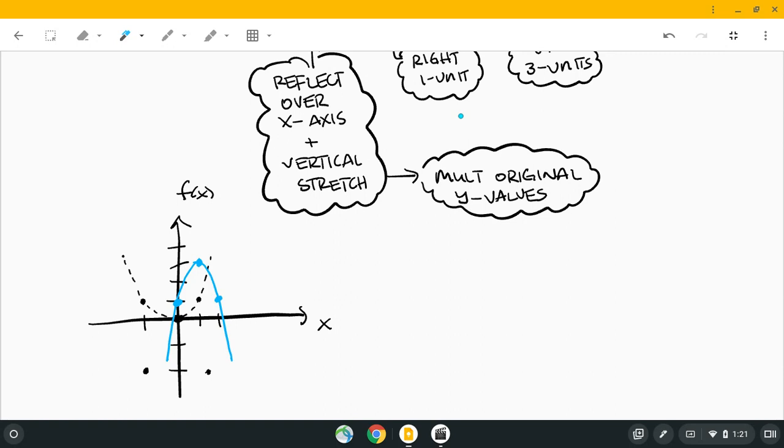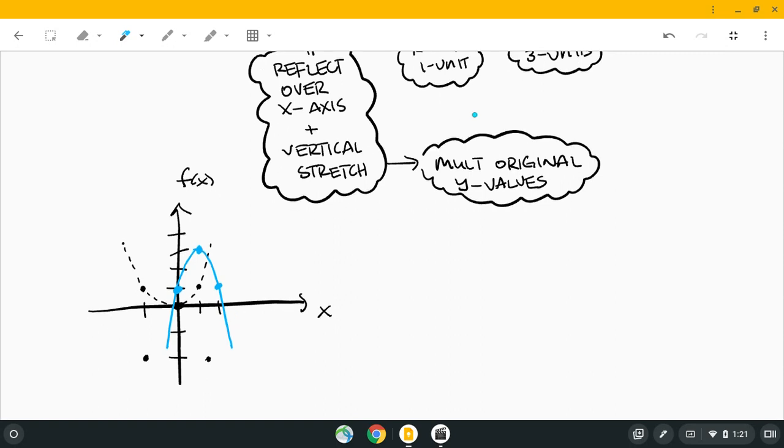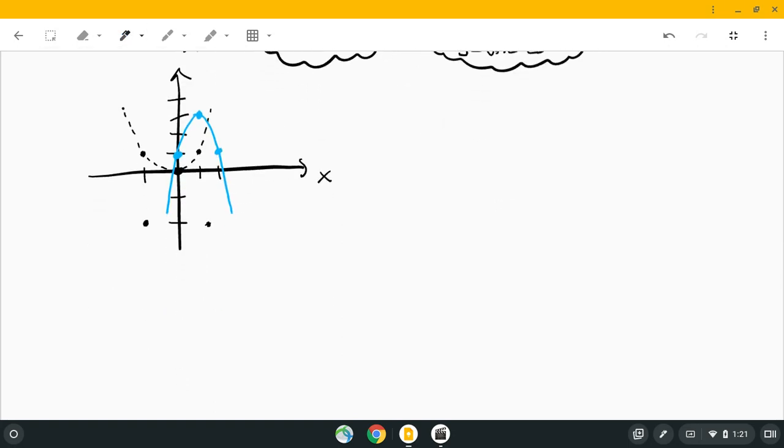All right. One last thing. Let's talk about finding equations, and then we'll call it a day. Finding equations is basically working backwards.